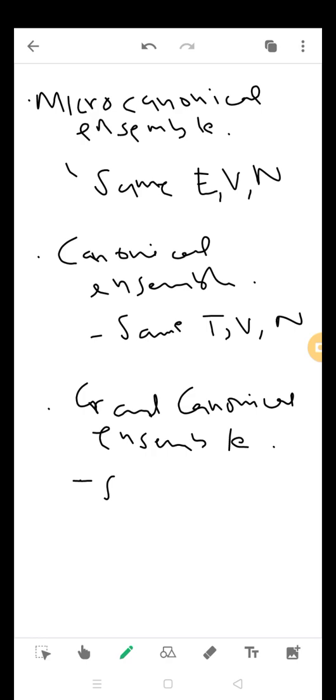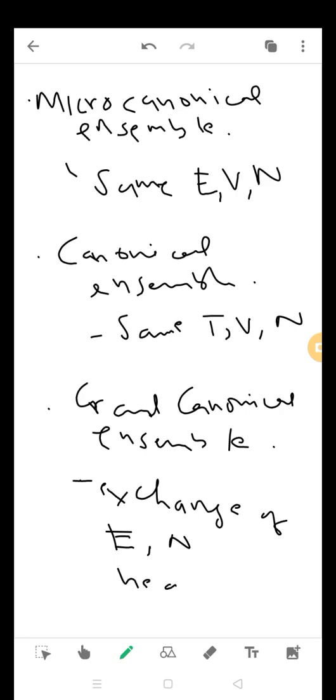So you can write exchange of energy as well as the particles, they take place with the heat reservoir.